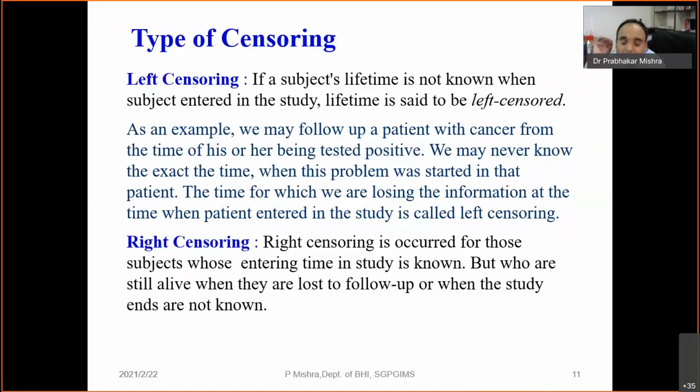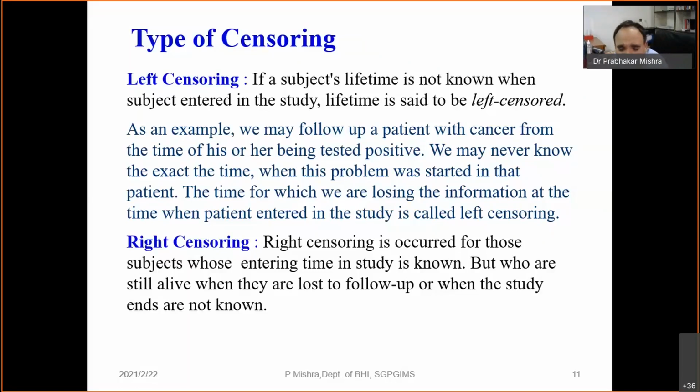The question is how to ignore left censoring and right censoring. The answer is that almost all right censoring we can reduce, like we can increase the study duration, as well as contact the patient more and more.